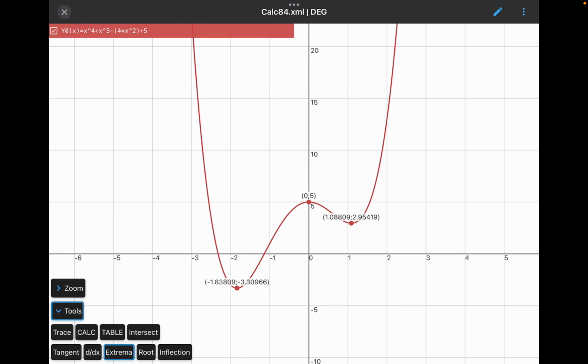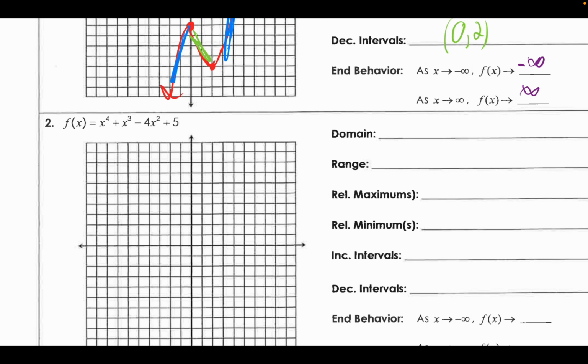And so now as I look at my extrema, I notice I have 2 relative minimums, or 2 valleys, and 1 relative maximum. So I record where these are, rounding to the nearest hundredth, or 2 decimal places. So relative maximum, just one of them at 0, 5, which I'll go and plot.